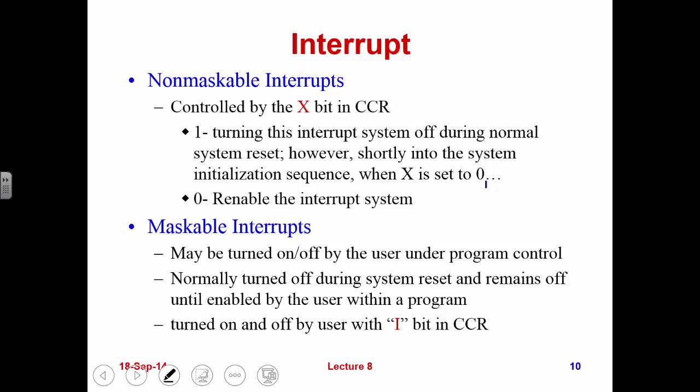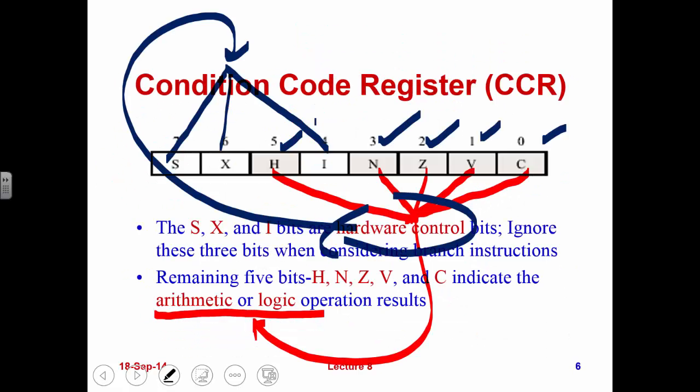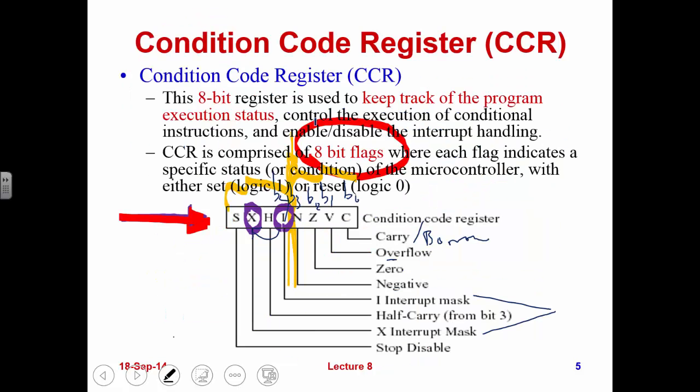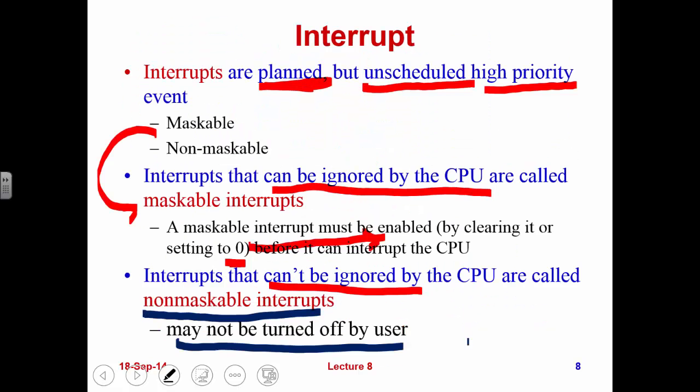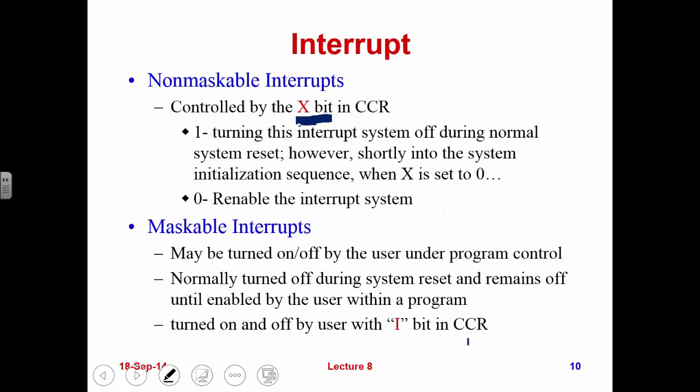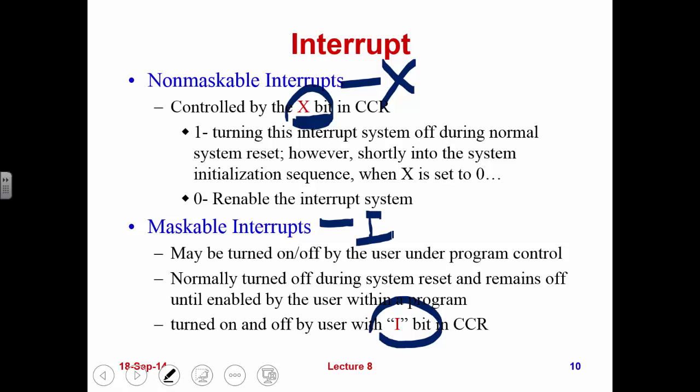Non-maskable interrupts are controlled by the X bit, and maskable interrupts are controlled by the I bit. One is by X, and this one is by I of the CCR.